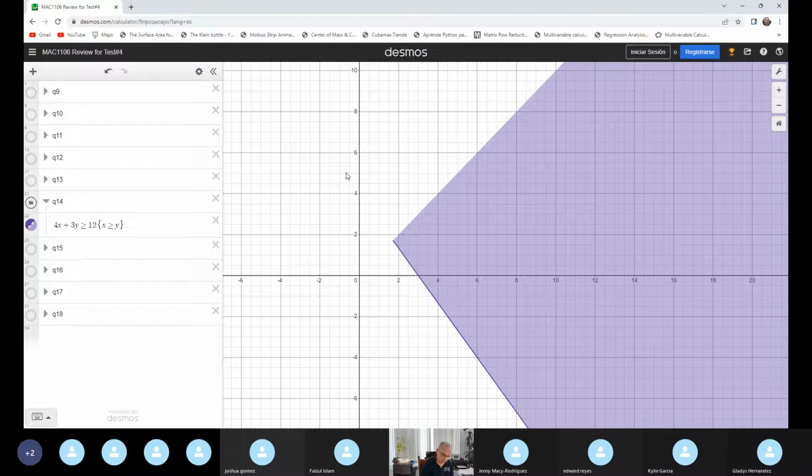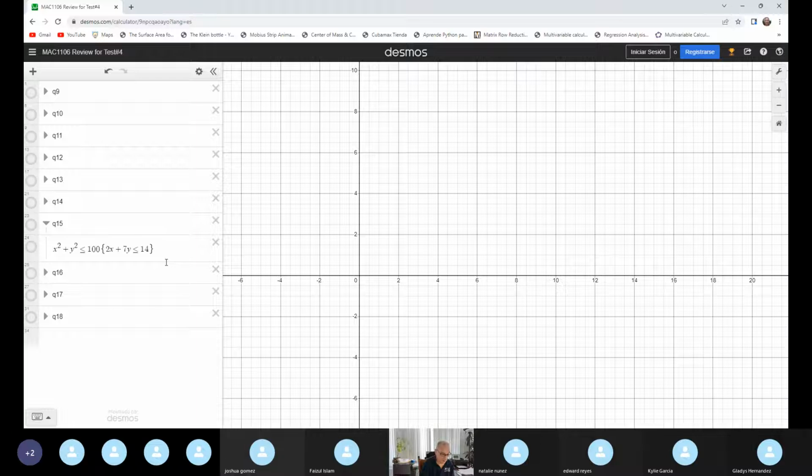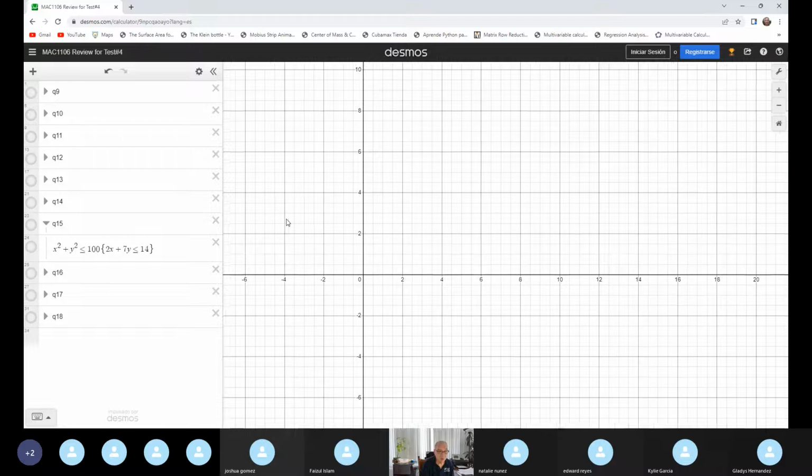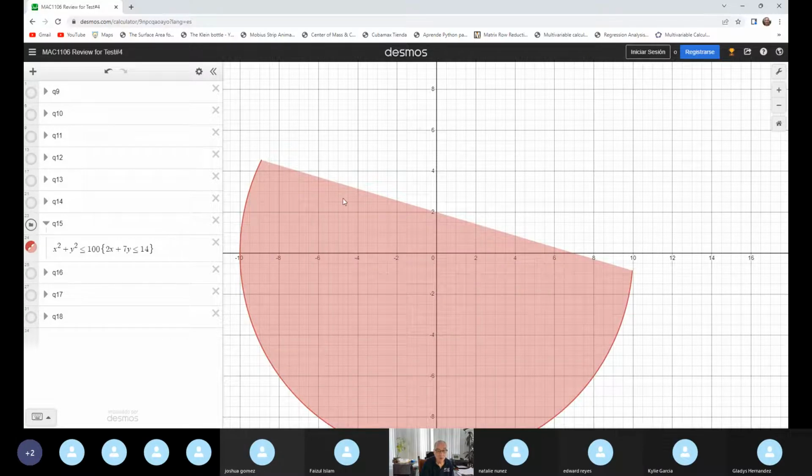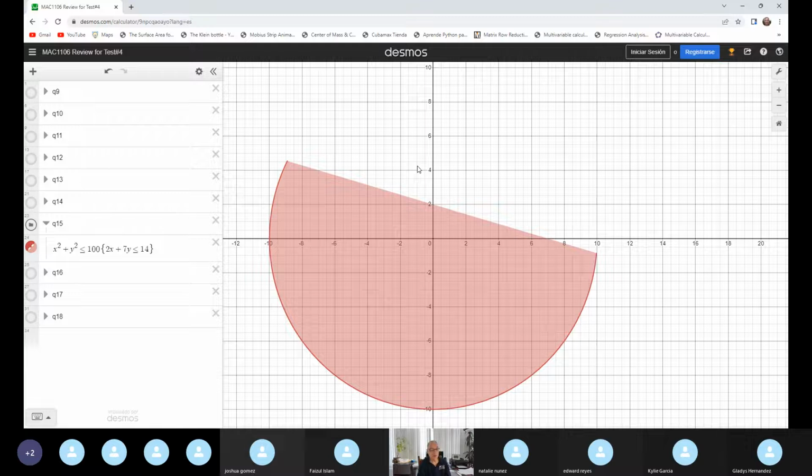Similar idea we are doing in 15 and 16. Let me try. 15 is x squared plus y squared less than or equal 100. It's a circle. And the line 2x plus 7y less than or equal 14 together is this. Wow. It's inside the circle and below the line. This is 15. Do you follow me?